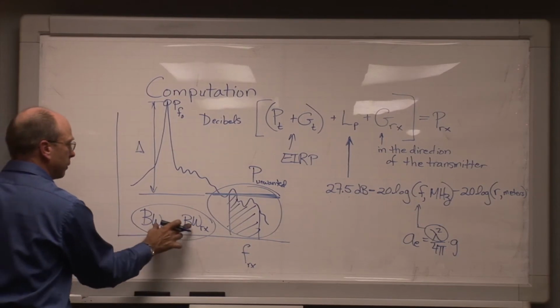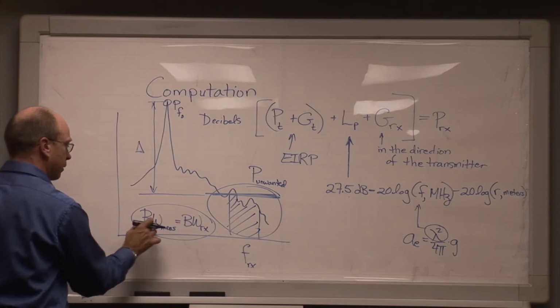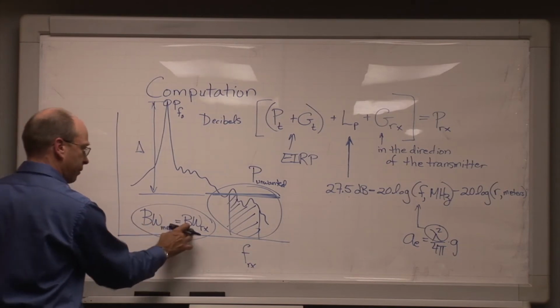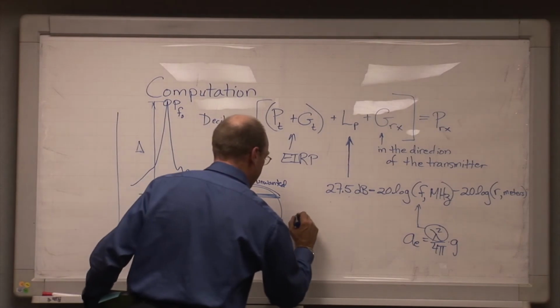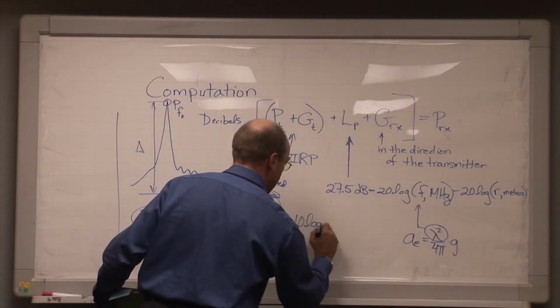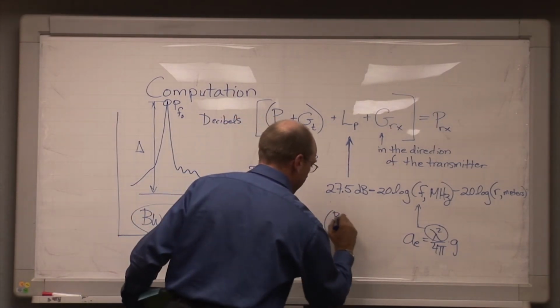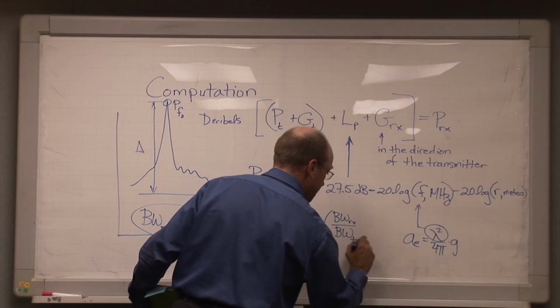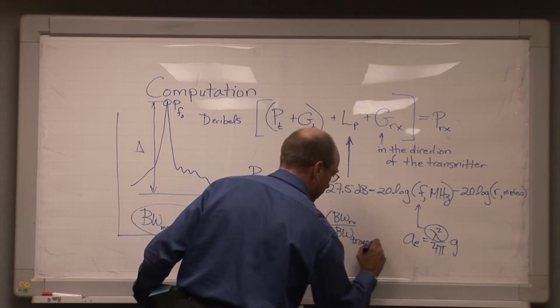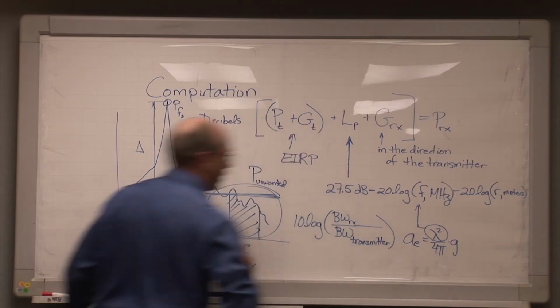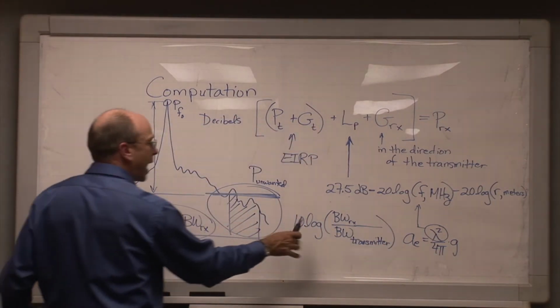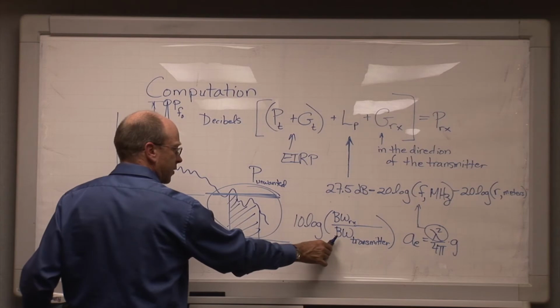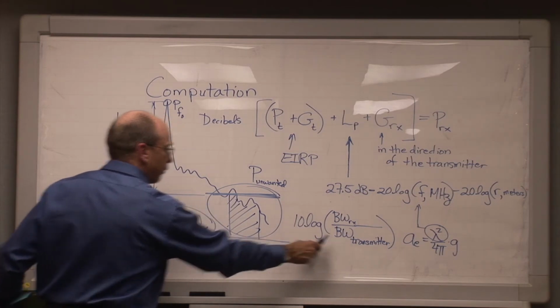If we don't use the bandwidth for the measurement equal to the bandwidth of the receiver, then what we would have to do is a correction, which would be 10 log of the bandwidth of the receiver divided by the bandwidth of the transmitter itself, to establish how much power gets into the receiver's IF stage relative to the power in the full bandwidth of the transmitter.